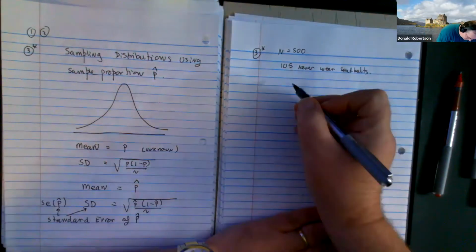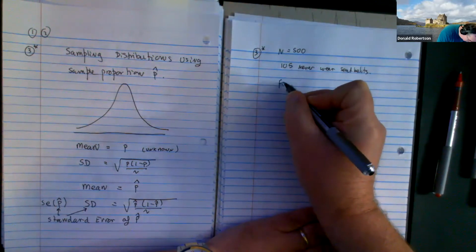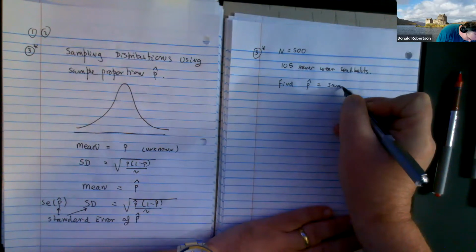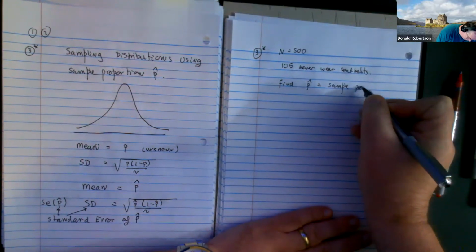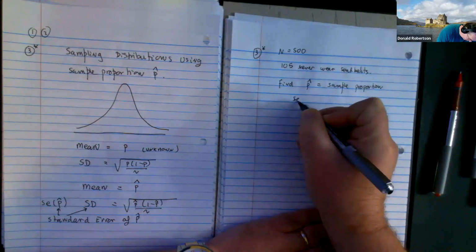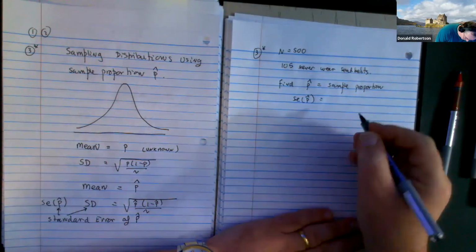Right. So from this given information, we are being asked to find p hat, that's the sample proportion, and the standard error of p hat, which is essentially the standard deviation.